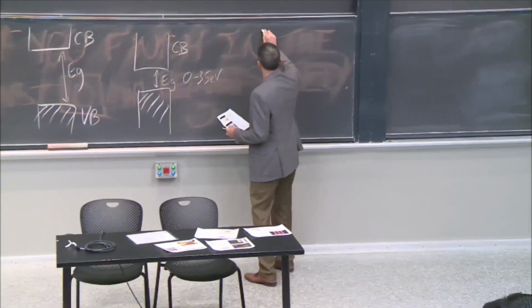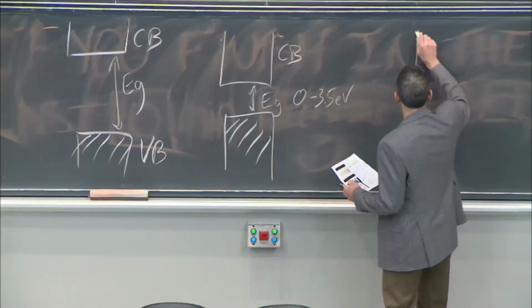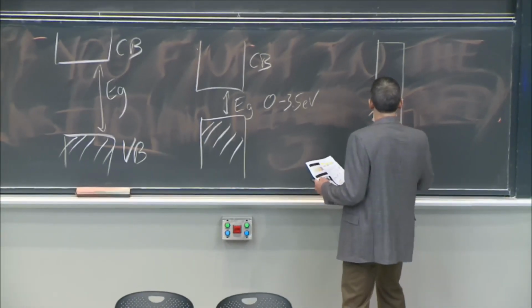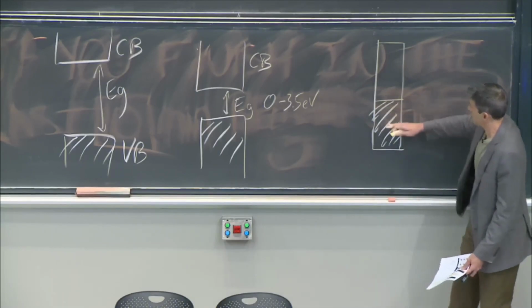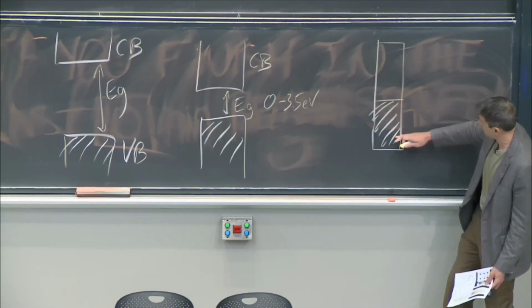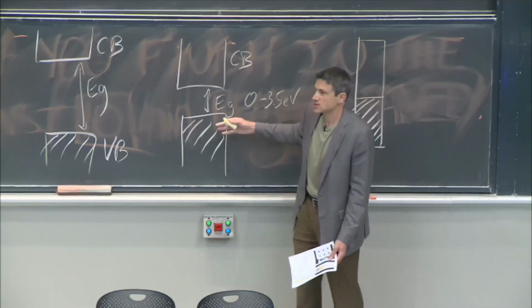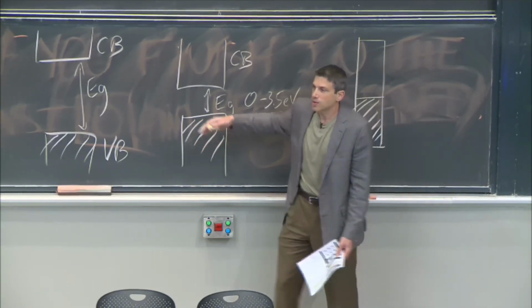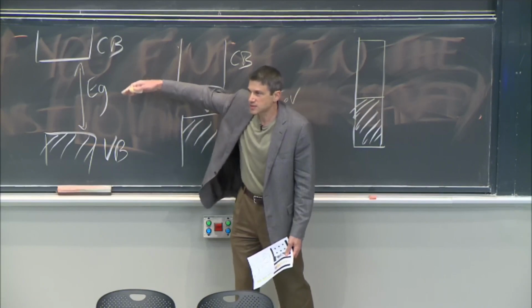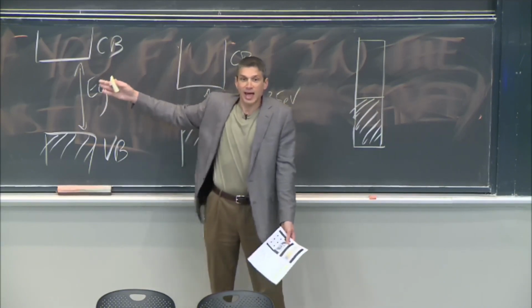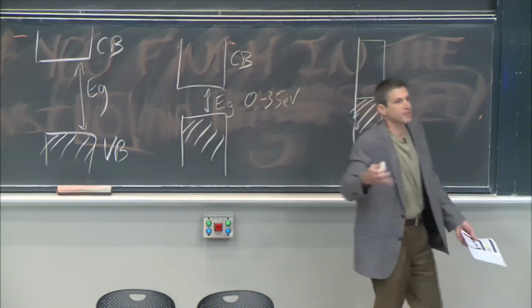Then we talked about how, if you have some kind of band that is filled in the middle, it doesn't have to be filled in the middle. It could be filled here, or up here. But the point is that the filling of electrons does not stop where there's a forbidden zone of states, where there's no states. That's what a gap is. It's a gap of electron freedom.